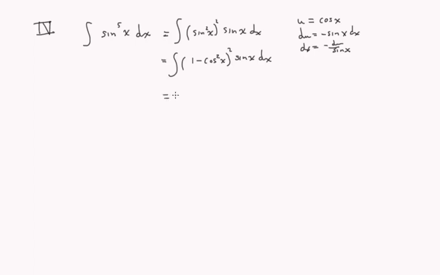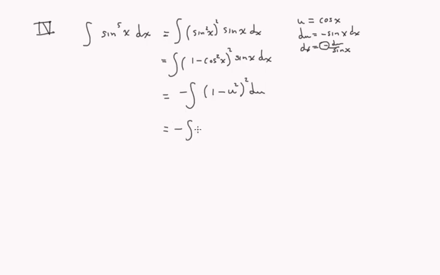So what that does for us is it gives us negative, there's the negative from here, then we have 1 minus u squared du.